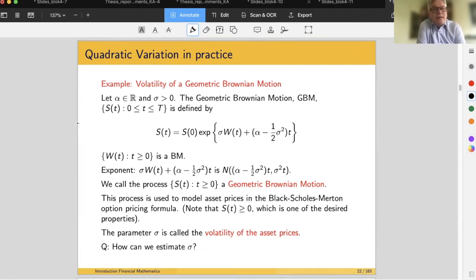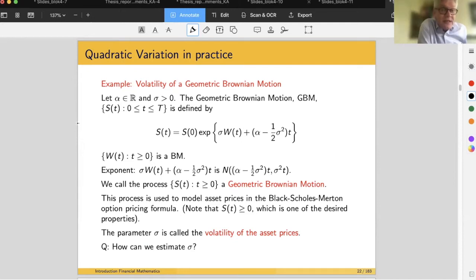Okay, let's see an example of quadratic variation in practice. And the example is an important one. It deals with the volatility of a geometric Brownian motion. A geometric Brownian motion is one of the models that is typically used in financial mathematics to model stock prices, or more generally to model asset prices.